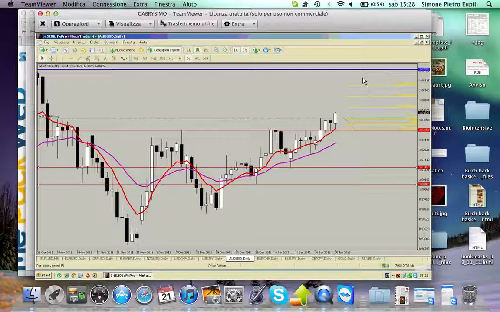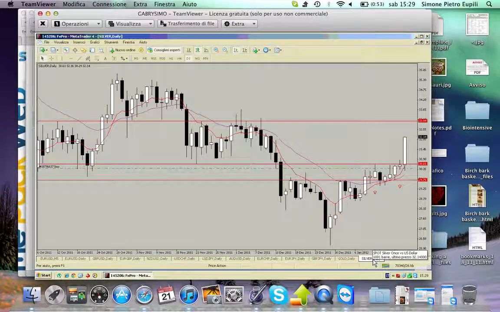So it's a very good deal. This is one analysis of this pair, but I also want to show you the silver trade that gave me a lot of fear for 1 week, and then made a very good profit for the moment.